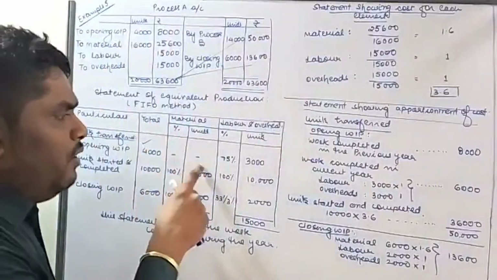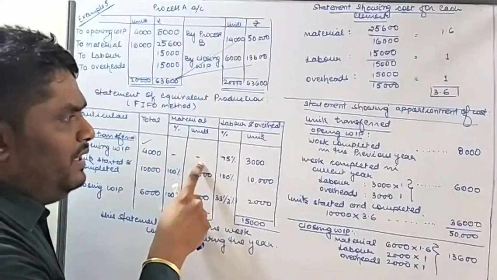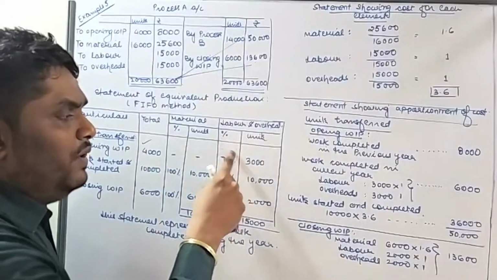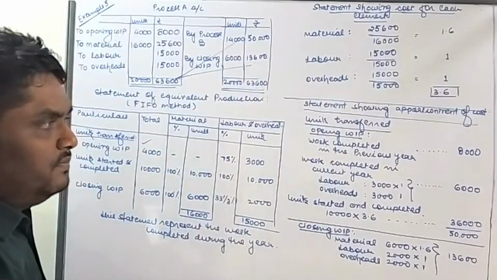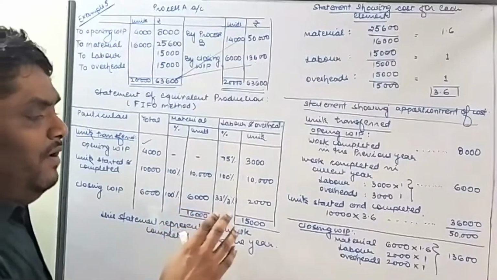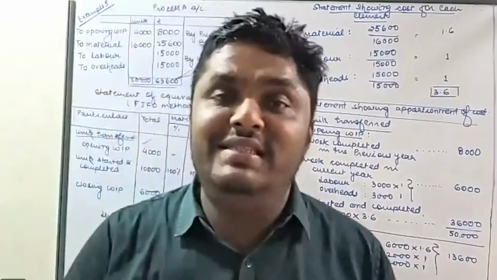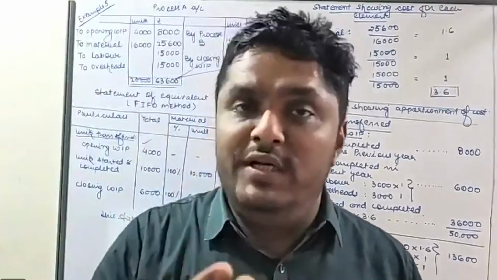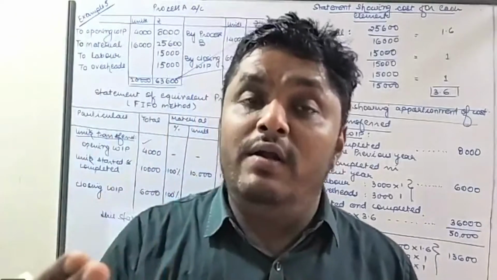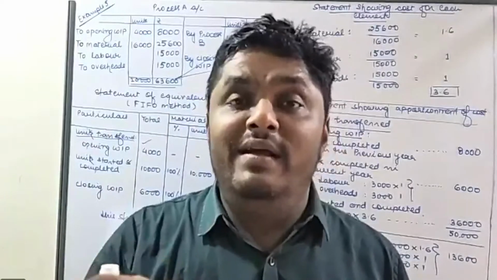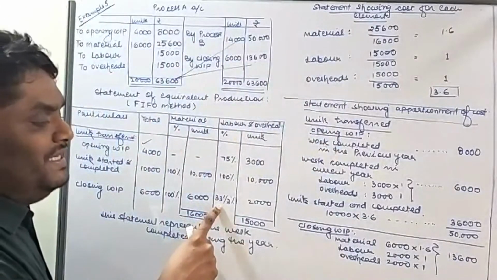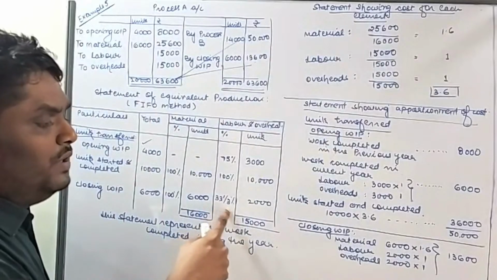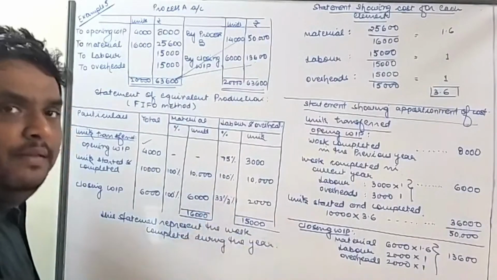So when talking about material, nothing was done during the year. And when talking about labor and overhead, 75% work was done during the year. So similarly, we can say for next month in this question, when talking about the work that is completed in respect of opening work in progress, I mean, the balance work, that is 2/3 of the work will be done in the next month.